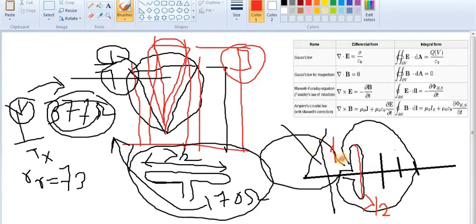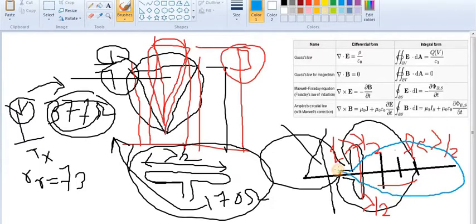This length, capital L, should be more than lambda by 2, and the director length, small l, should be less than lambda by 2, gradually decreasing, so that the beam will be sharper and ultimately there will be no back lobe. The more gain there is, the further distance we can communicate. So this is a very famous antenna, known as the Yagi-Uda antenna.